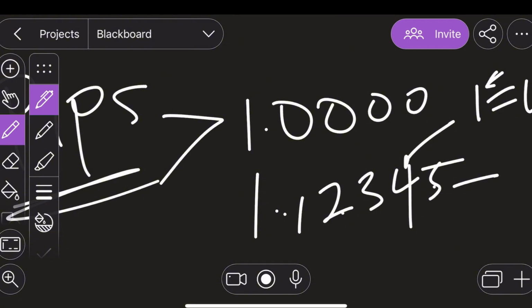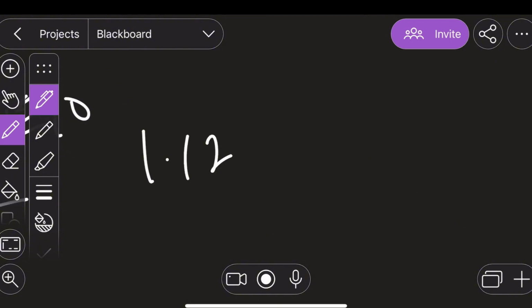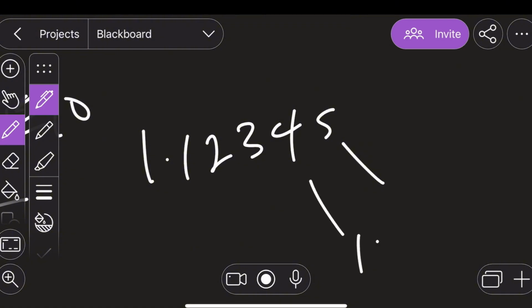So in this particular context, 4 is 1 pip, 3 is tens, 2 is in hundreds, and 1 is in thousands. Let's go again. That means we have 1.1, 2, 3, 4, 5. So 5 is less than 1. So this is 1 pip.